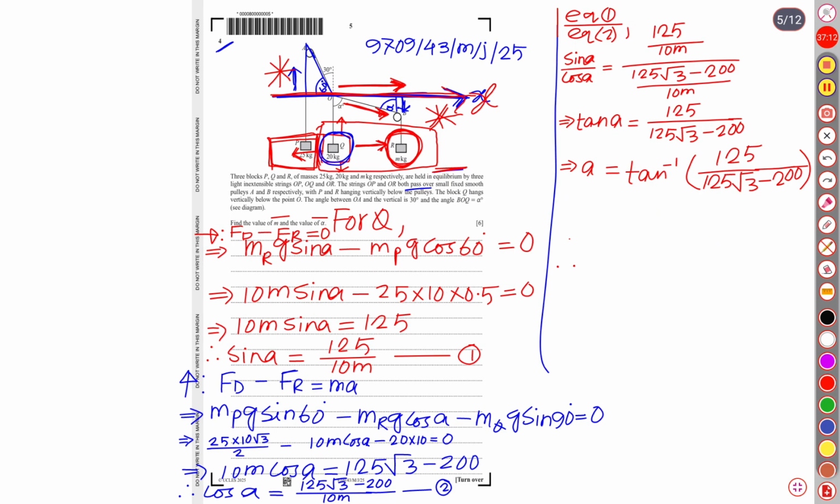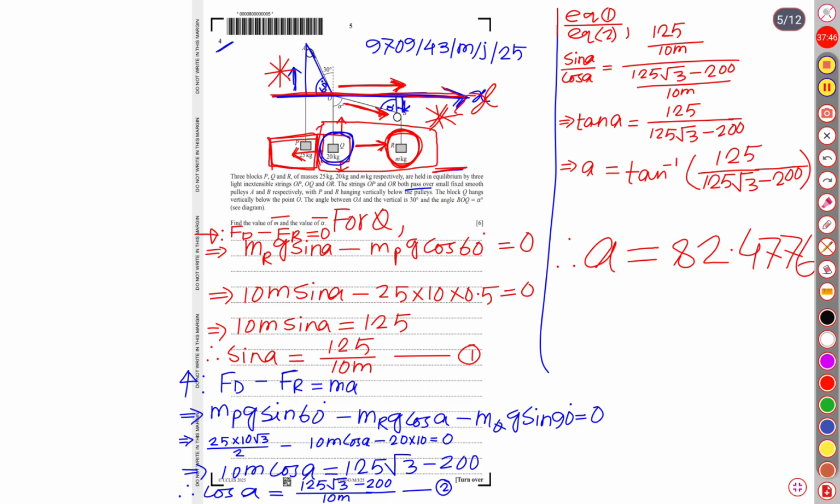Hence our alpha is going to be, using our calculator, we find that tan inverse of 125 over 125 square root 3 minus 200 is equal to 82.4776.